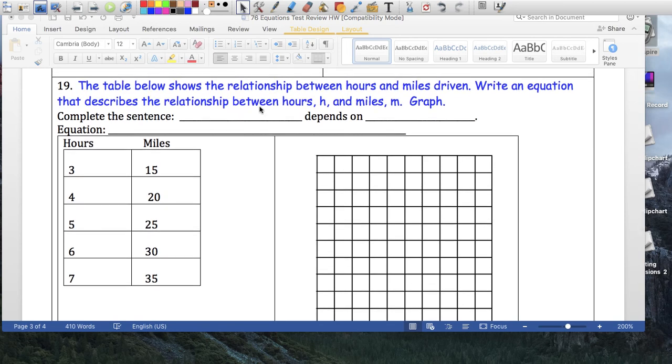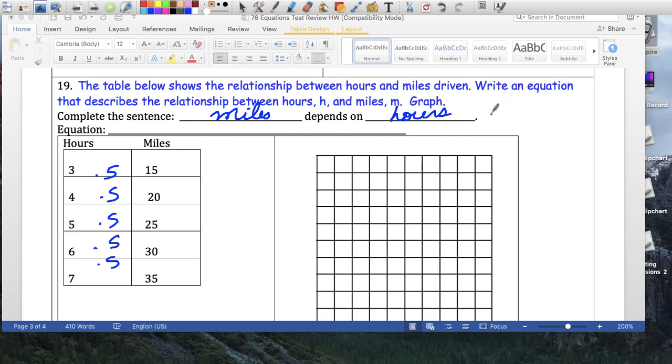A table shows the relationship between hours and miles driven. Write an equation to describe the relationship. Okay, so the total miles, and now complete the sentence. Remember, the miles that you drive depends on the hours. So you see a relationship? Times 5, times 5. So all your hours are being multiplied by 5.